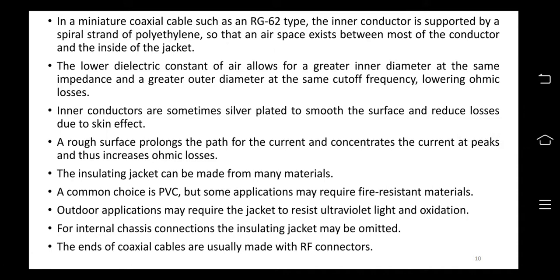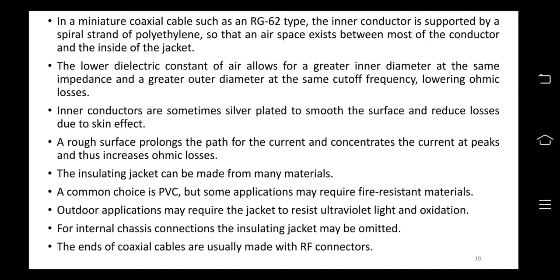Inner conductors are sometimes silver plated to smooth the surface and reduce losses due to skin effects. A rough surface prolongs the path for the current and concentrates the current at peaks and thus increases the ohmic losses.